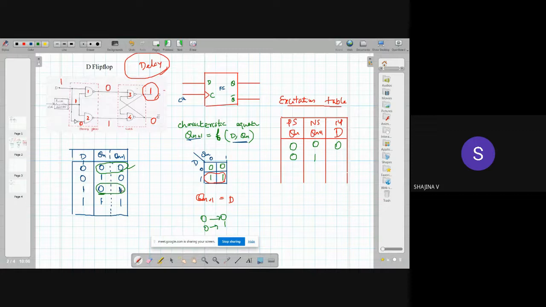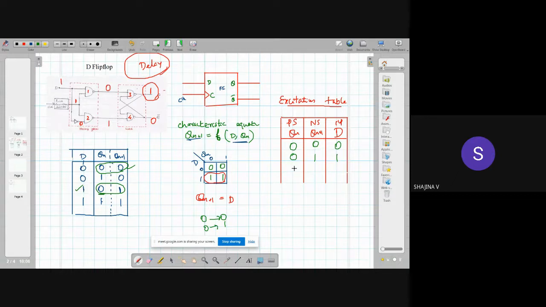So for 0 to 1 transition, what should be our input? Input should be equal to 1. Okay, മനസ്സിലായോ? അപ്പോൾ present state 0 ആണെങ്കിൽ next state 0 കിട്ടണമെങ്കിൽ apply a 0 input to the D terminal, and present state 0 ആണ്, next state 1 വേണമെങ്കിൽ എന്ത് ചെയ്യണം? D should be equal to 1.